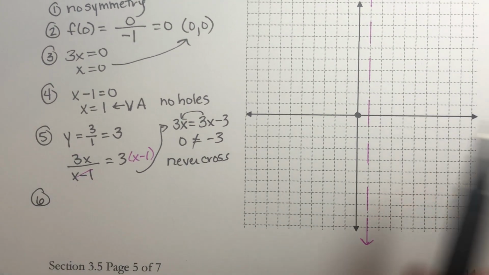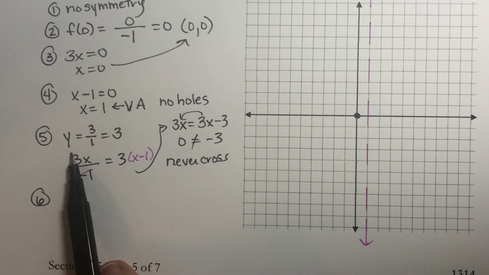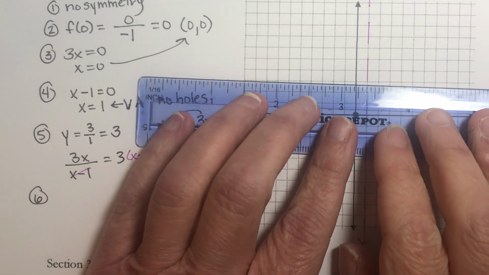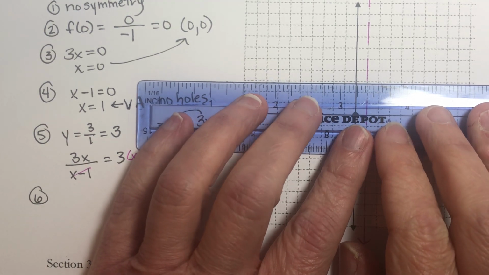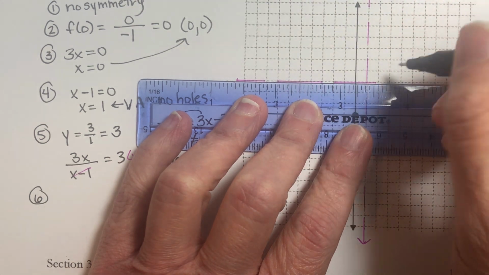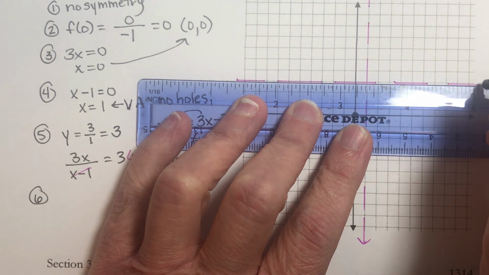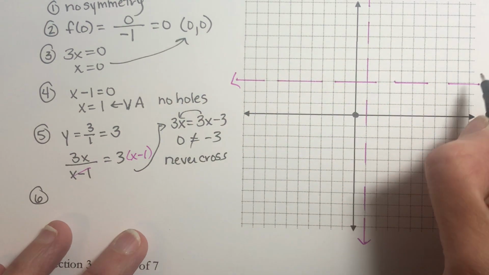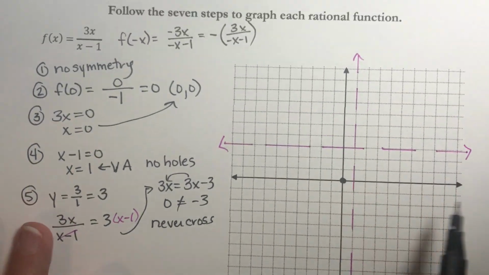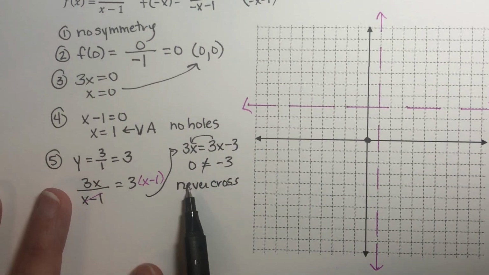Now what else do I have? I have a horizontal asymptote at 3, so I'm going to draw in my asymptote here. As my x values go out in one direction or the other, I'm going to be getting close to this. I also know that I never cross it.